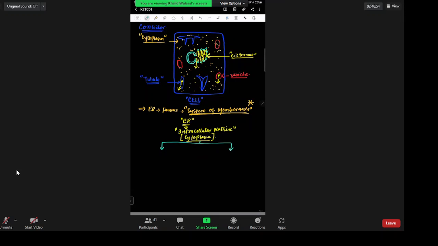Due to the scattered nature of ER, the cytoplasm gets divided into two compartments.